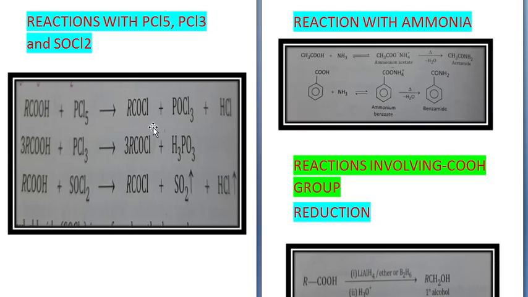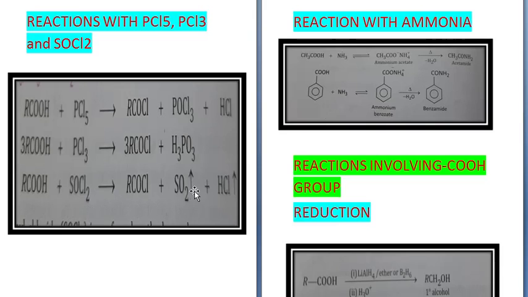When 3RCOOH combine with PCl3, they give you 3RCOCl plus H3PO3. Again RCOOH combines with SOCl2. SOCl2 is thionyl chloride. It gives you RCOCl plus SO2 plus HCl.